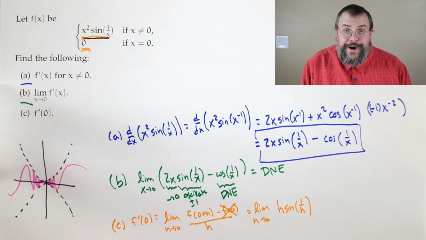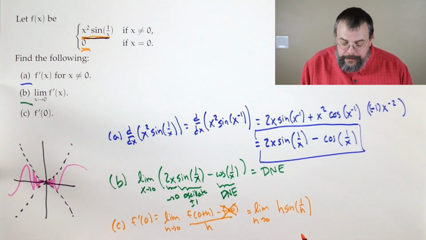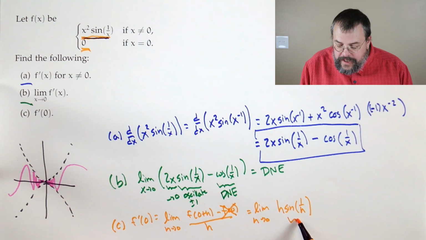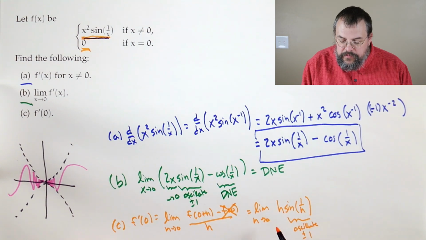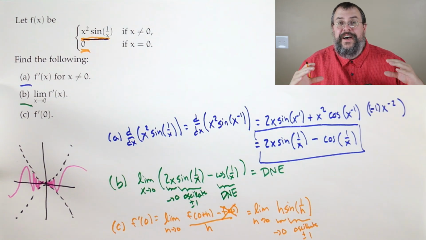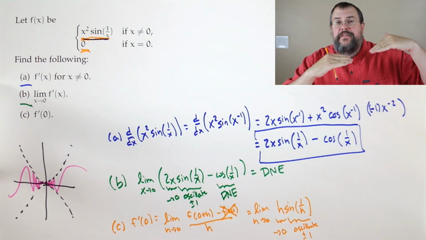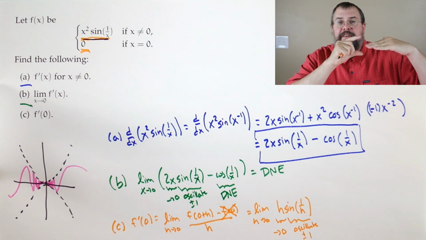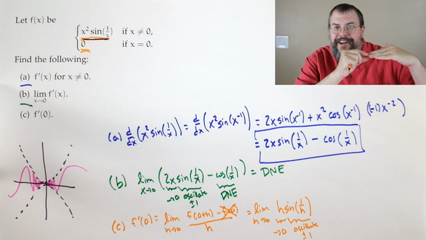Now, what happens? If we look at what we just said, this is oscillating between plus and minus 1. This part goes to 0. So I have something that might be going up and down, but it doesn't go very far, times something getting tiny.